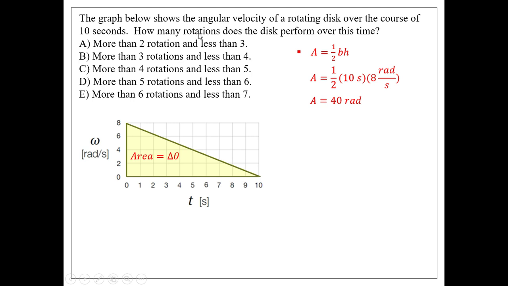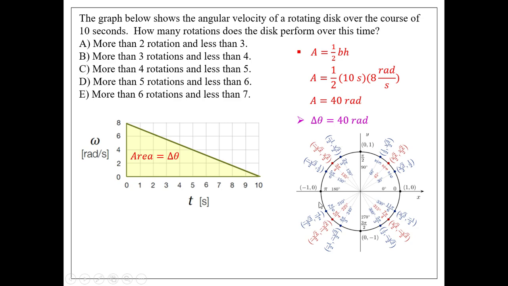But once again, the question didn't ask you for how many radians, it asked for how many rotations. So you need to convert 40 rad to number of revs, because revs and rotations are the same. Alright, so here the area is 40 rad, so therefore angular displacement, which is the area underneath the graph, is also 40 rad because they represent the same quantity.